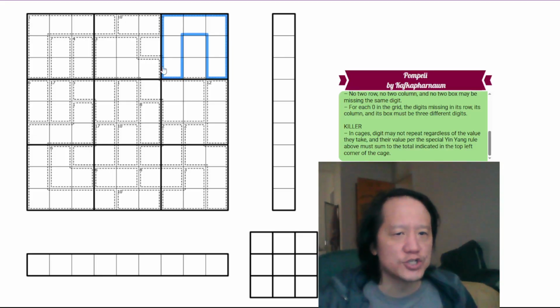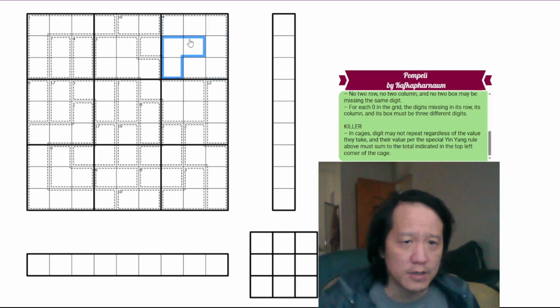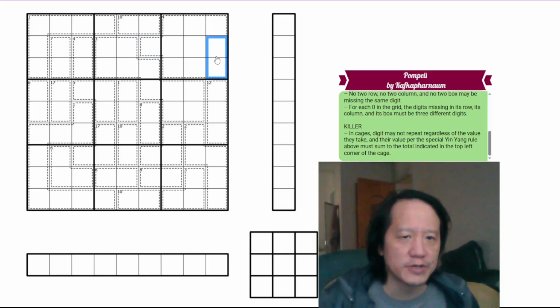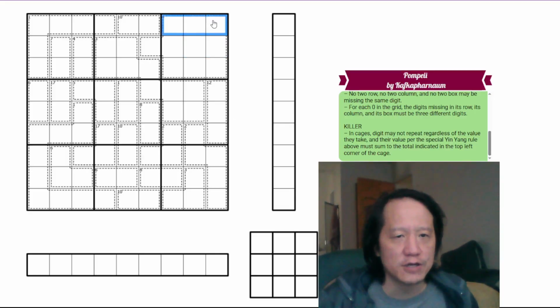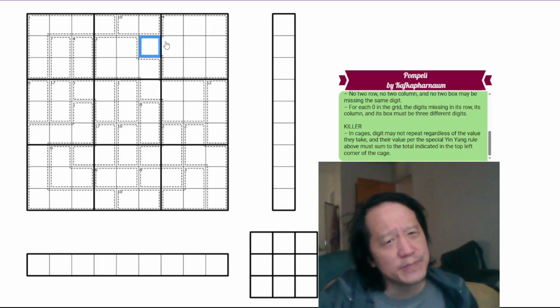And the shading cannot be going this way, because the center cell has to be a different shading than everything else, and then it must go out of the box. But if it tries going out this way, it could go out that way. So we know this is one shading, and this is a separate shading.